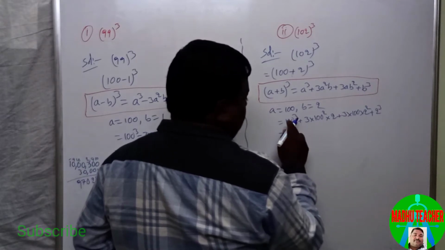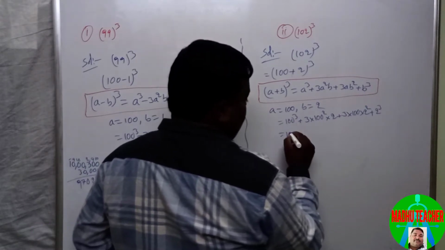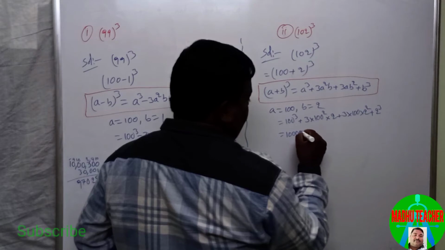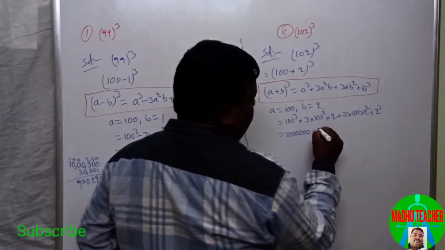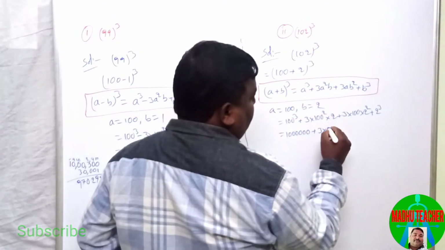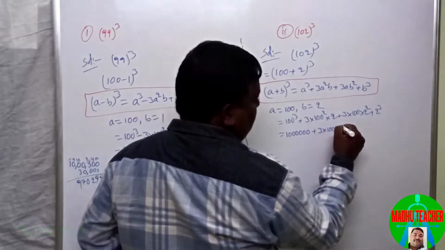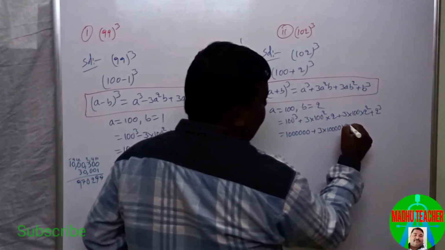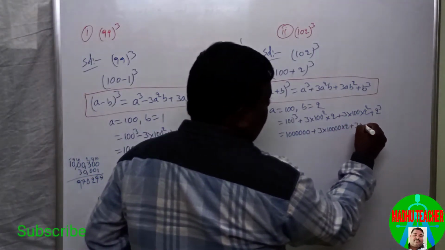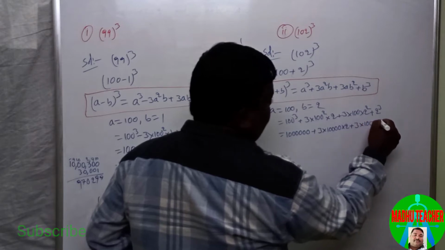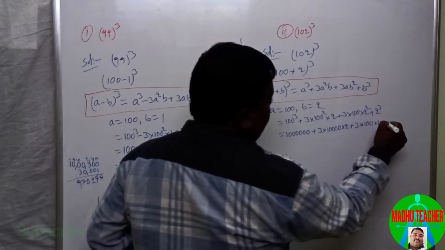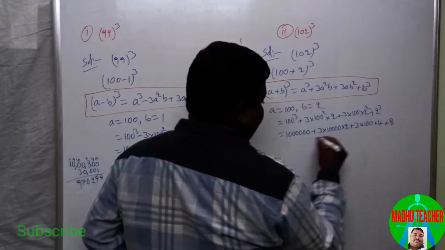100 cube, triple the number of zeros, 6 zeros, that is 10 lakhs, plus 3 into double the number of zeros, 4, into 2, plus 3 into 100 into 2 square, which is 4, and 2 cube is 8.